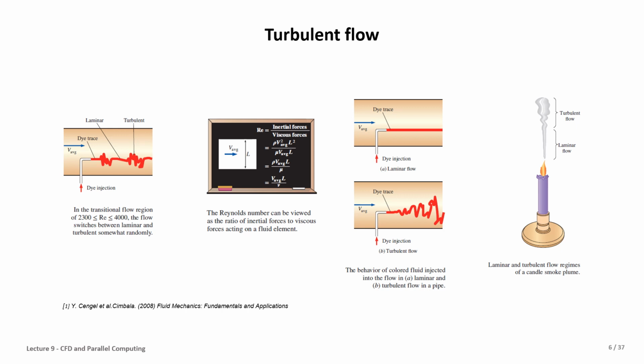According to the history, in 1922, Richardson, a scientist, suggested the structure of coherent motion in the turbulent flow, which means there is an energy cascade.